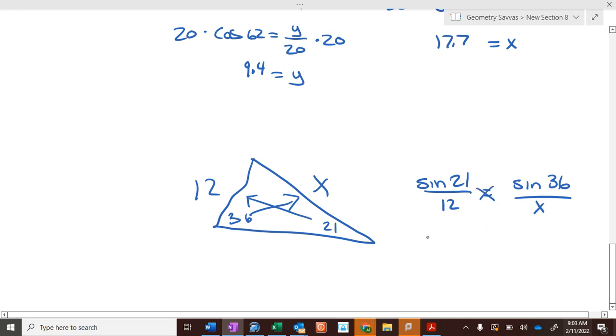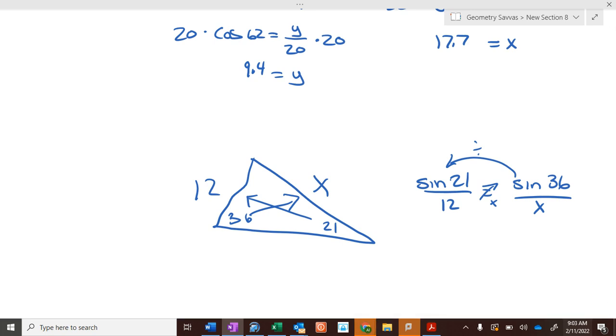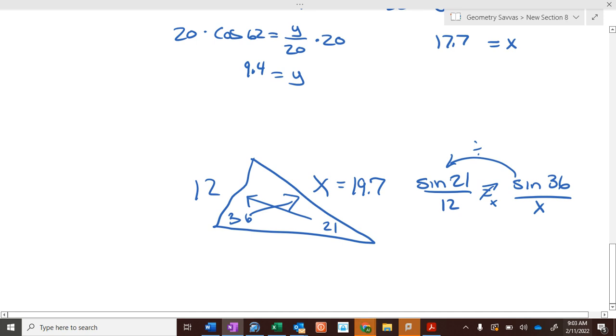So then we're going to cross multiply. Well, actually, it's easier if we just take this times this divided by that. So 12 times the sine of 36, press equals on your calculator, divide by the sine of 21, press equals, and what do you get? 19.7. Okay, 19.7. All right.